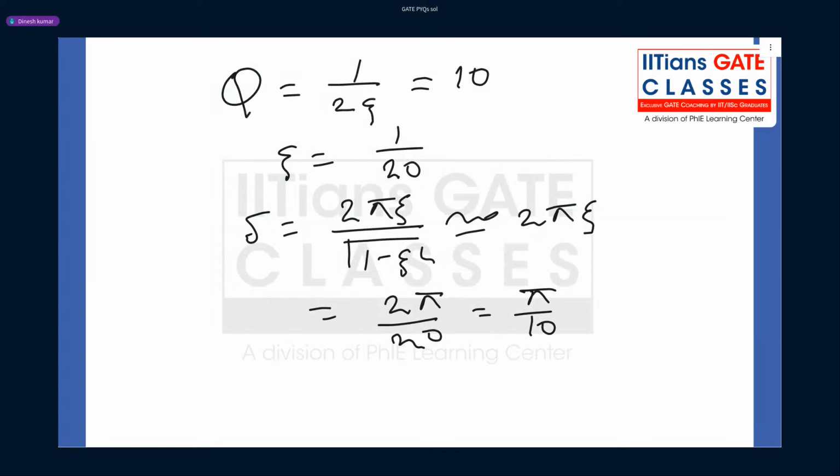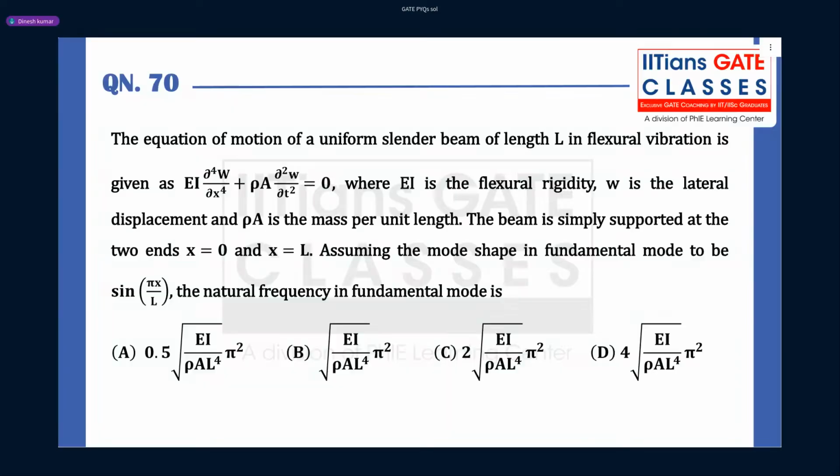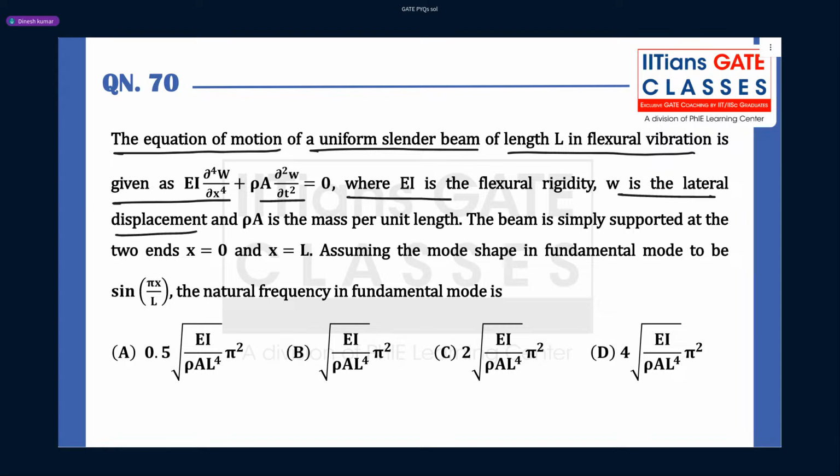That is the last question for today. Read the question. It says the equation of motion of a uniform slender beam of length L in flexural vibration is given as this equation. This is the governing differential equation for vibration of a beam, where EI is flexural rigidity, W is lateral displacement, and ρA is the mass per unit length.